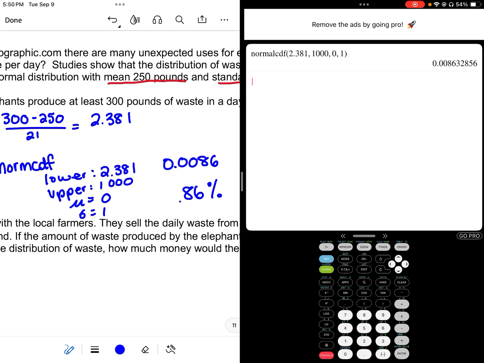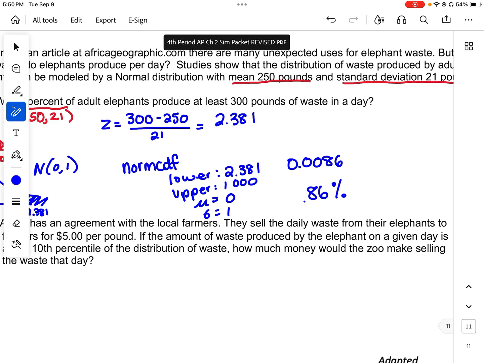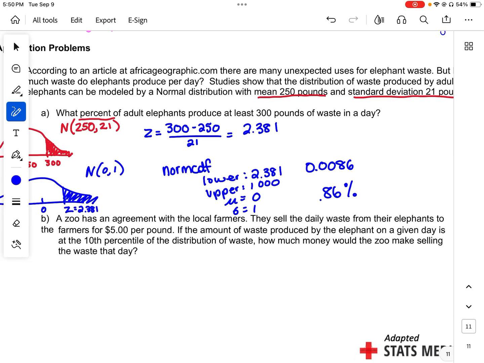Okay. So just make sure we answer the question. The question asks, what percent of adult elephants produce at least 300 pounds of waste per day? So 0.86, so less than 1% produce at least 300 pounds of waste per day.